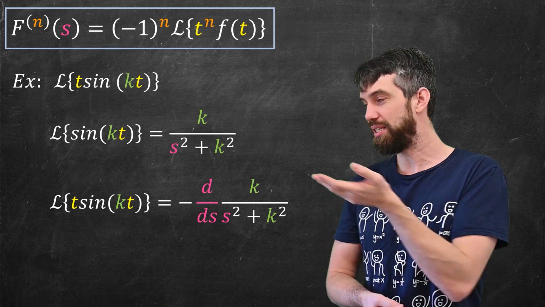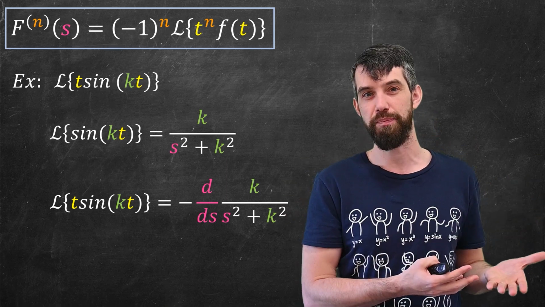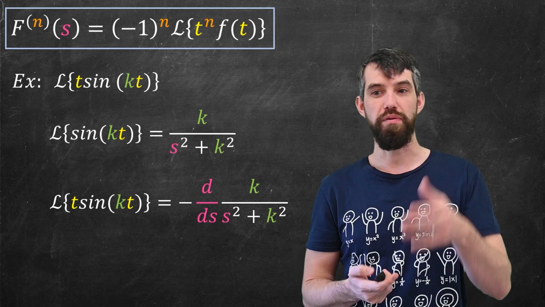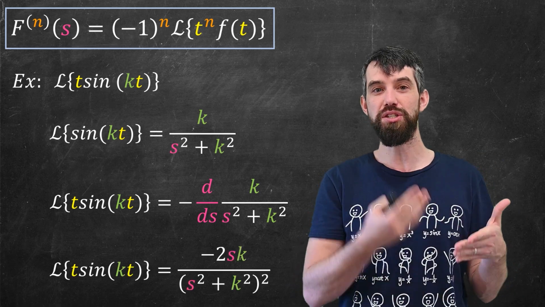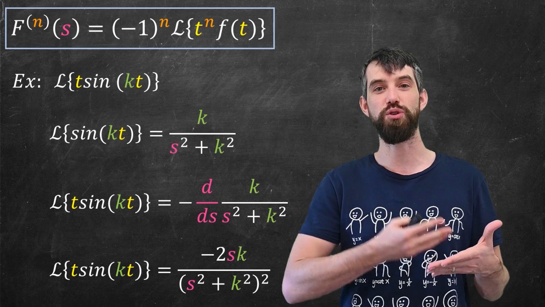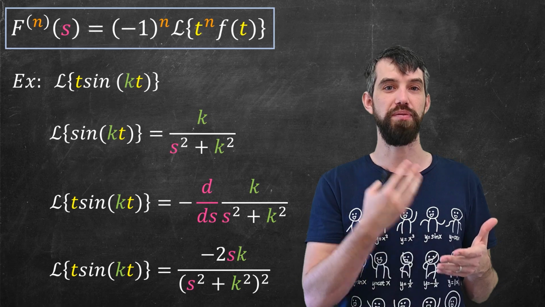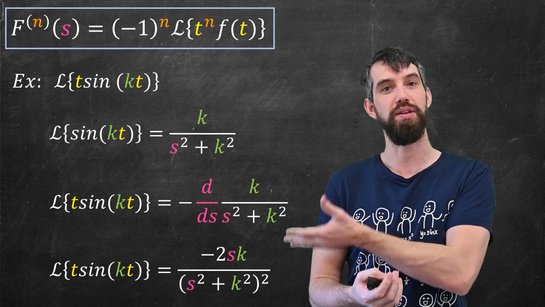So in other words, I get the negative of the derivative of the Laplace transform of just sine of kt. We can compute that derivative, and that's just going to give us minus 2 times sk, divided by the denominator squared, so s squared plus k squared, all squared. So the Laplace transform of t sine of kt is this expression.